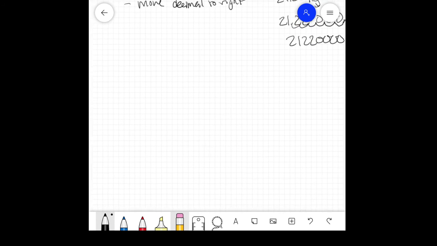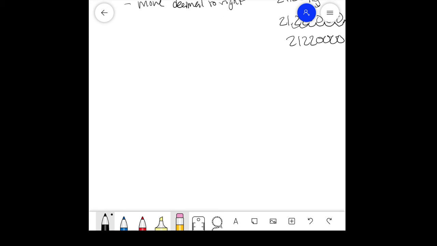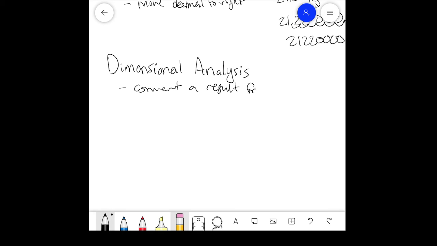Okay, and then the last part of this is going to be dimensional analysis. You use it to convert a result from one system of units to another.